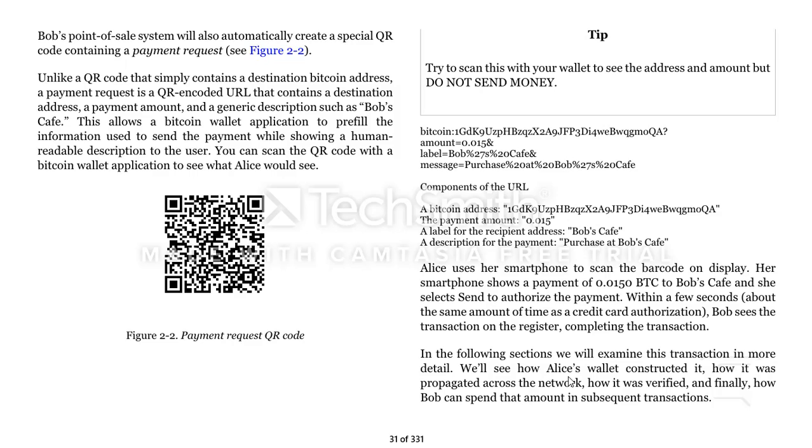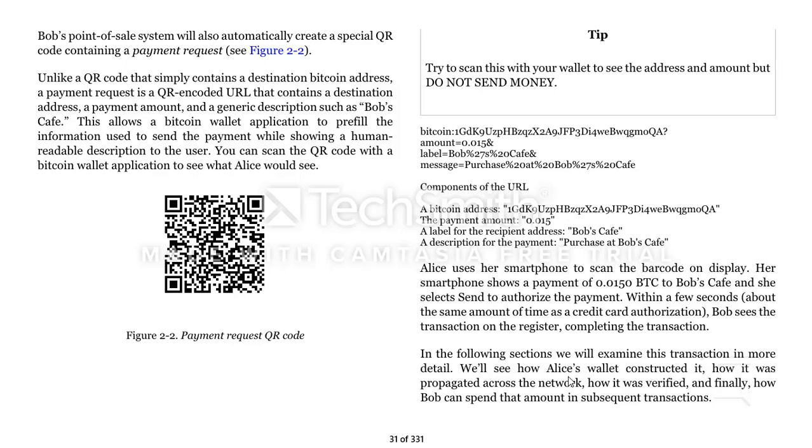Components of the URL: A Bitcoin address, 1GdK9UzpHBzqzX2A9JFP3Di4weBwqgmoQA. The payment amount, 0.015. A label for the recipient address, Bob's Cafe. A description for the payment, Purchase at Bob's Cafe.